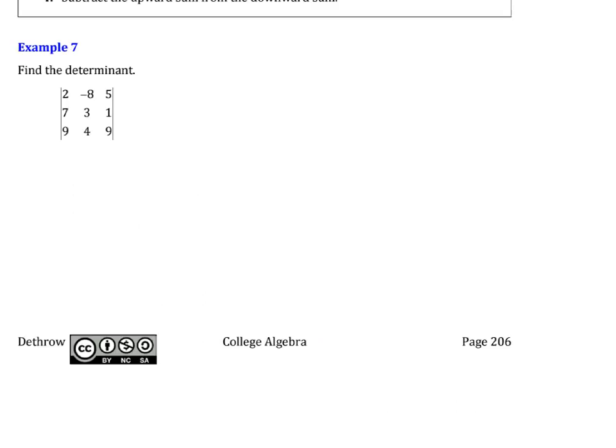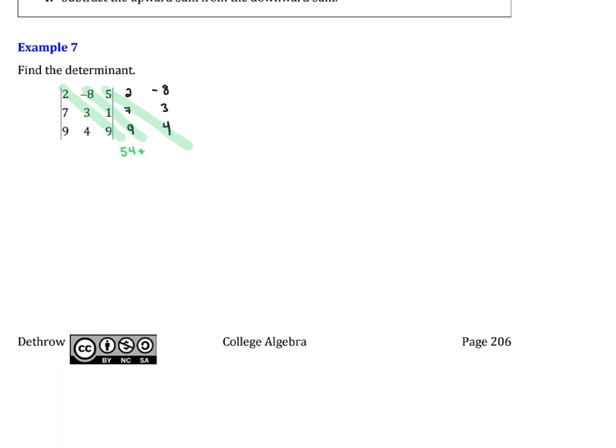Let's go ahead and repeat the first two columns: 2, 7, 9, -8, 3, 4. Let's go down. 2 times 3 is 6, 6 times 9 is 54.